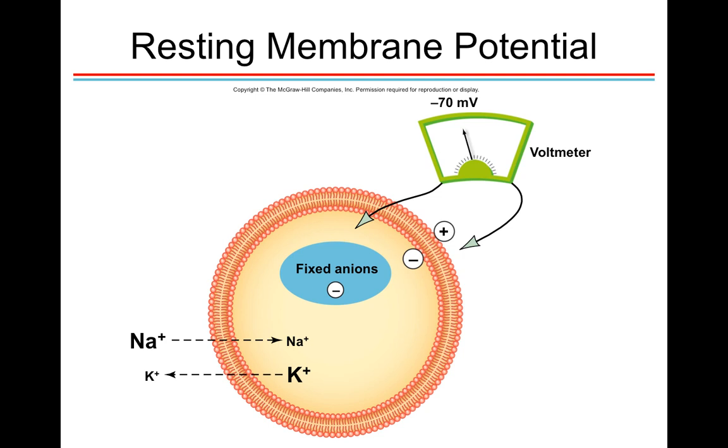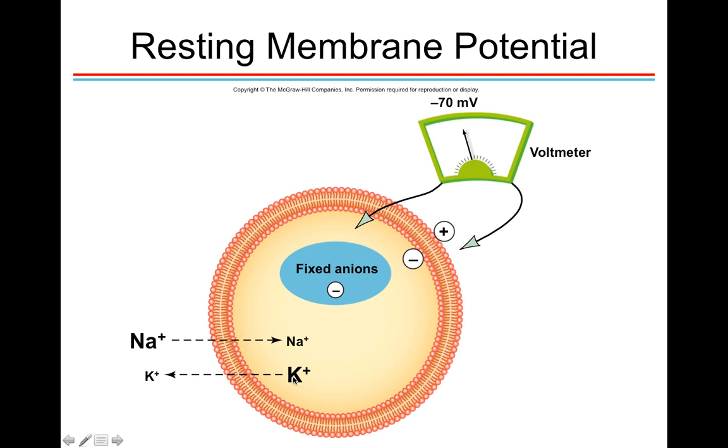The pumps are pumping out 3 sodium into the environment, and pumping in 2 potassium inside the cell. So pumping out 3 positively charged molecules and pumping 2 in gives the net imbalance, having more positively charged molecules on the outside of the cell than on the inside.